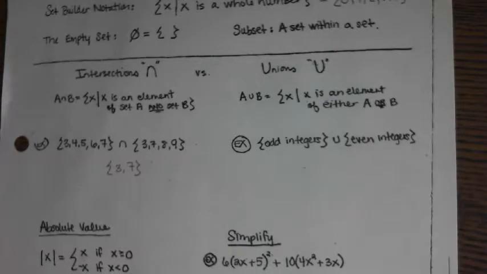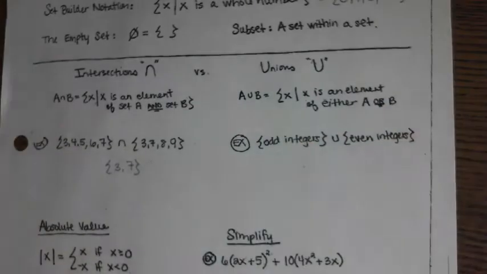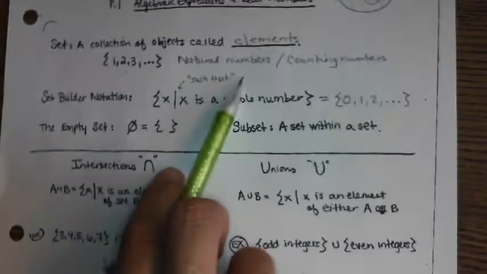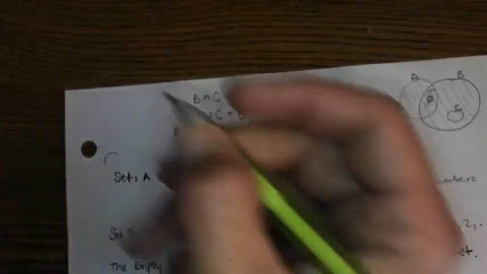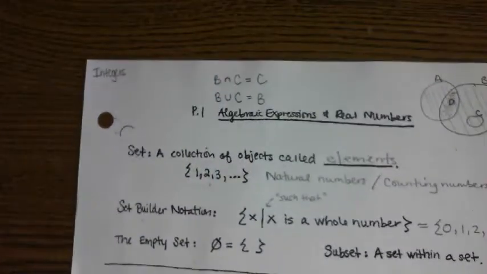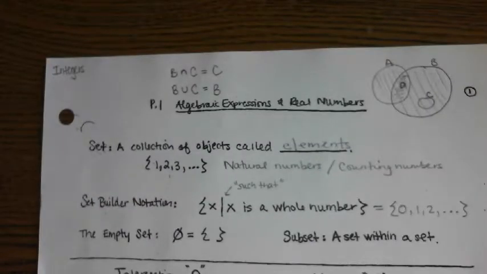How about the union of odd integers and even integers? And maybe it would help here if you listed out to visualize what's going on. Well, let's actually back up. Do you guys know what integers are? Let's go there. We've talked about natural, we've talked about whole. Let's talk about what integers are. Anybody? Come on.